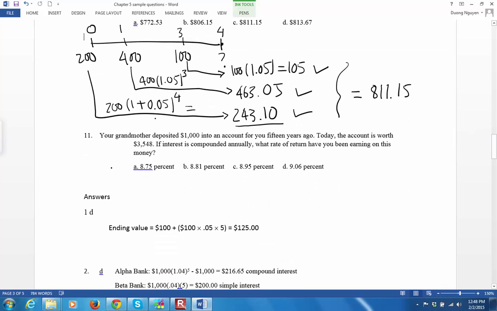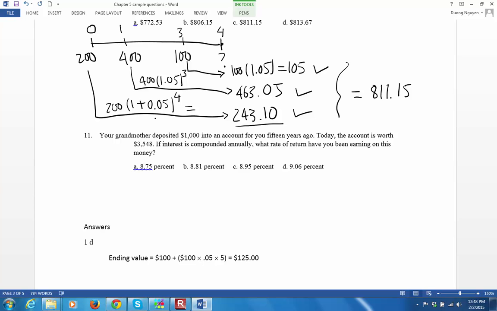And last question, number 11. Your grandmother deposited $1,000 in an account 15 years ago. Today it is worth $3,548. If the interest is compounded annually, what return have you been earning on this?